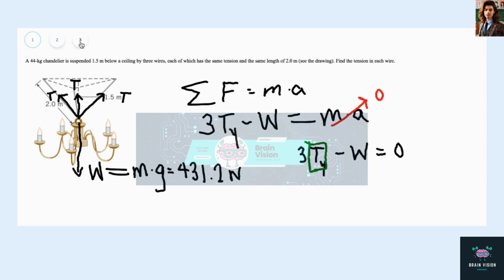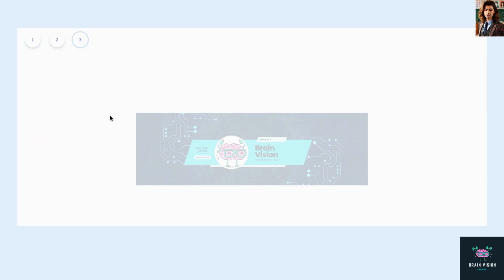So we'll do our problem solving on the final page. I'll rewrite the equation from page 1. 3 times the vertical component of the tension equals the weight of the object.